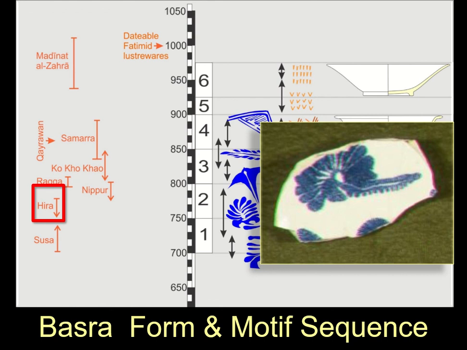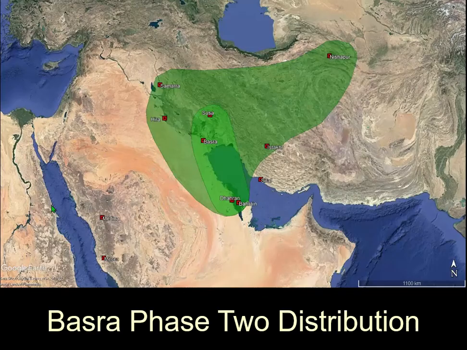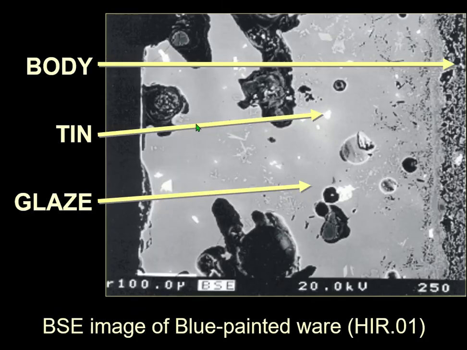So then we have phase 2, and we have pottery from Hira, which can be dated, and this is what that glaze looks like. So here again you can see the pottery, and here you can see there's tin.